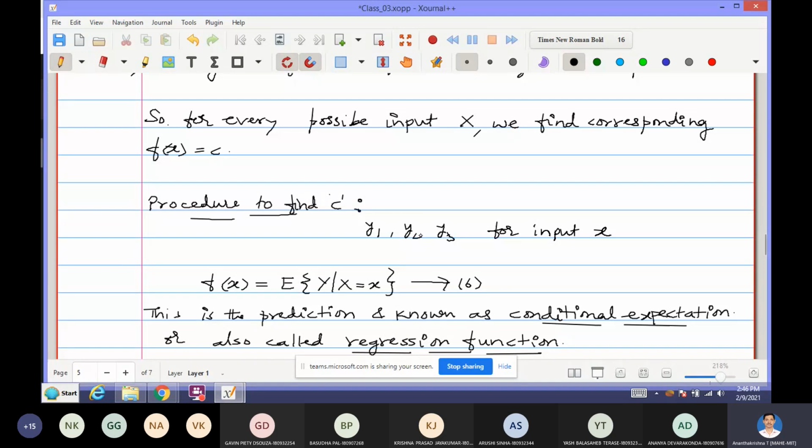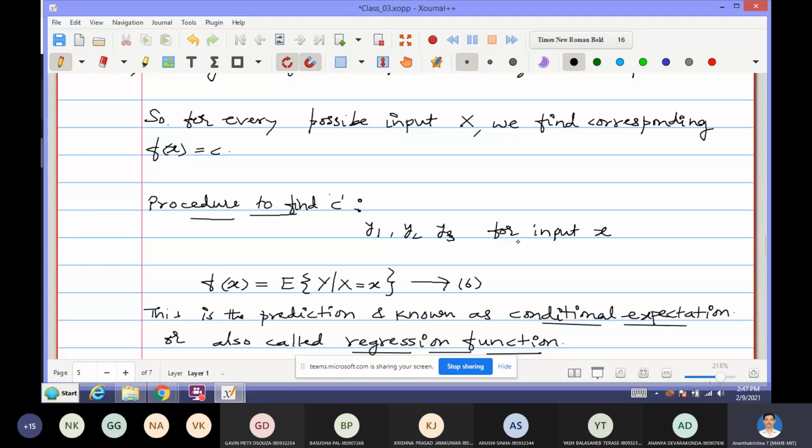I'm trying to explain this procedure, how to choose the value of C. Suppose we have made measurements multiple times: the first time we measure for the input, we got y1, the second time y2, and the third time y3. Correct? Then how do we predict the output for the given input x?